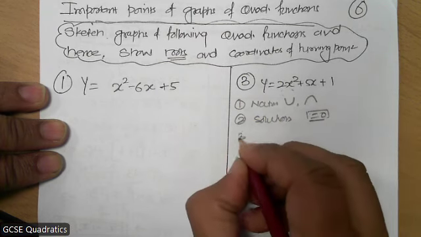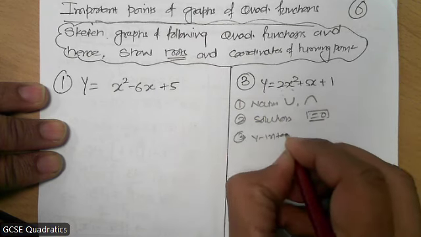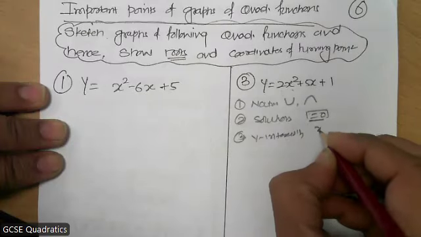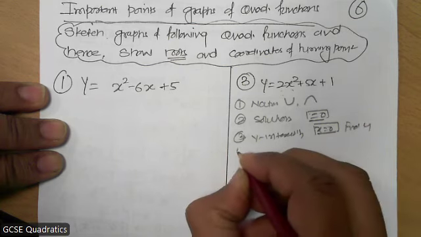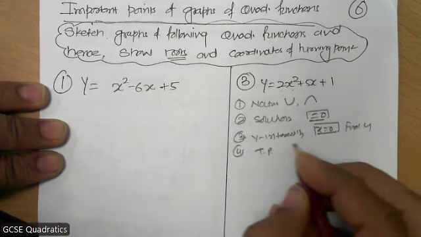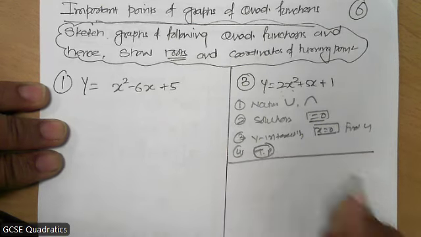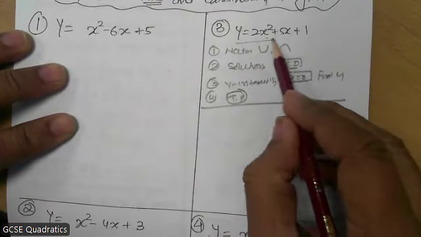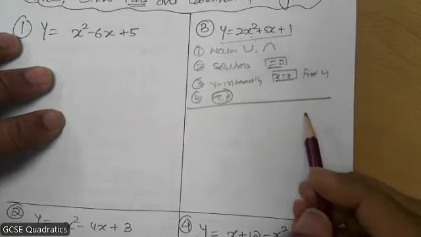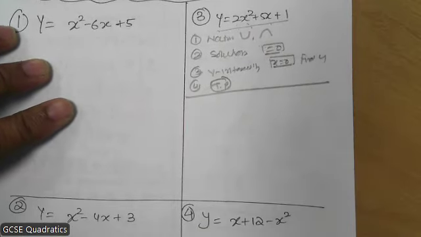And then you need to find the y-intercept. That means you substitute x equals 0 and find y, and the turning point. Because of that turning point, it is advisable, if they ask you to sketch the graph, to always try and solve using completing the square, because you need to do that for the turning point anyway.